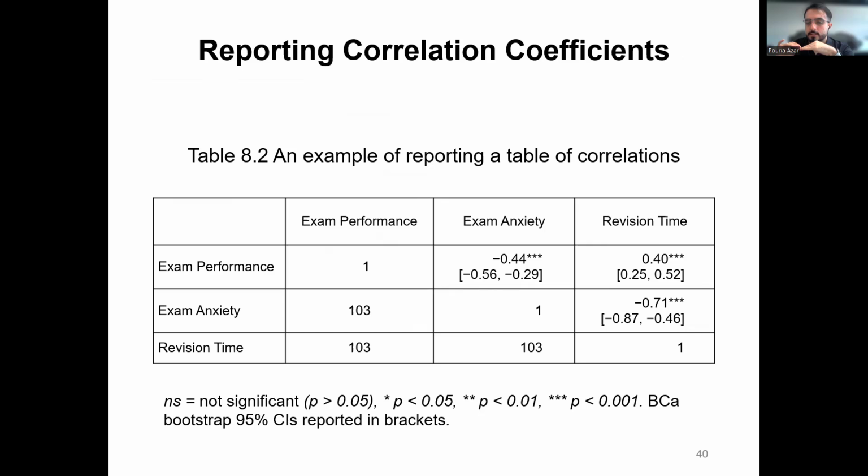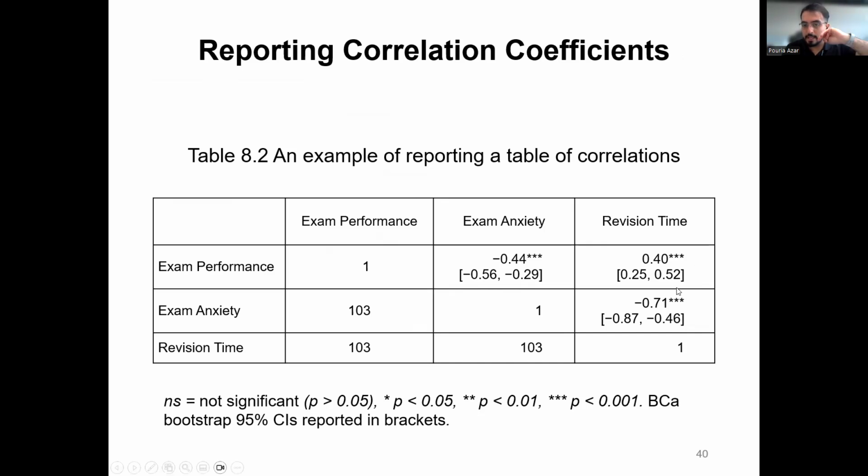The rho value here is minus 0.44, and we have 3 asterisks, which means the significance level is less than 0.001, which we have here in the note for that table. And inside the brackets, we have the 95% confidence interval. So by looking at this matrix, I can say there is a correlation between exam performance and exam anxiety.